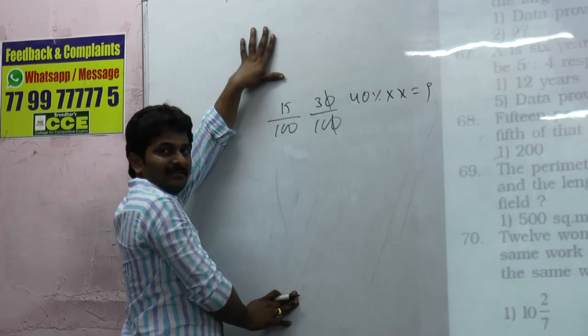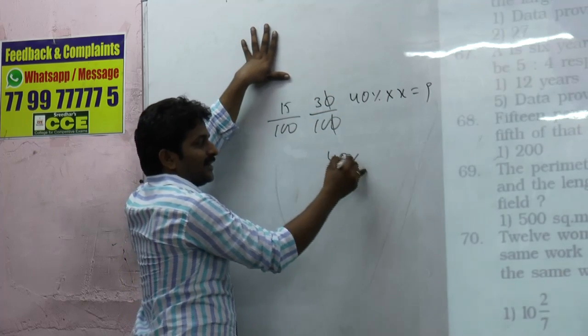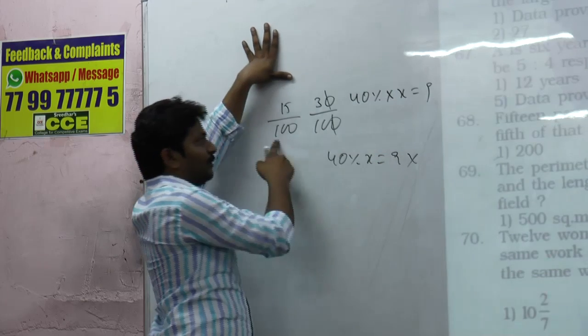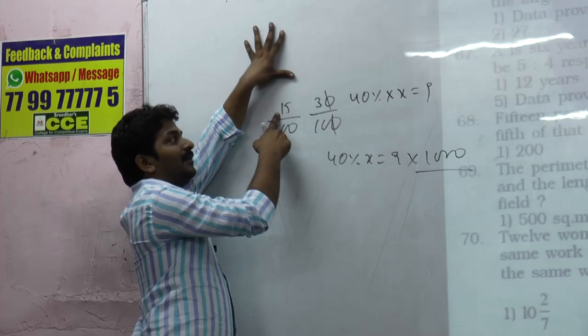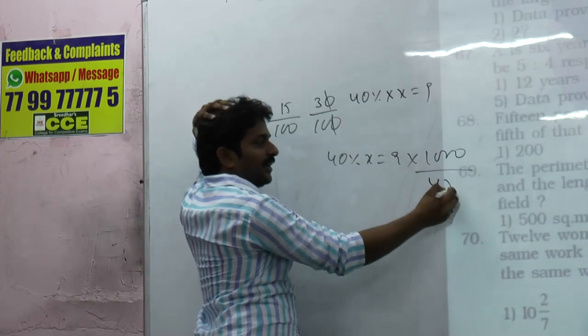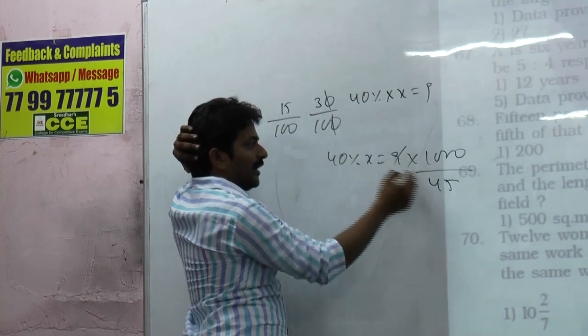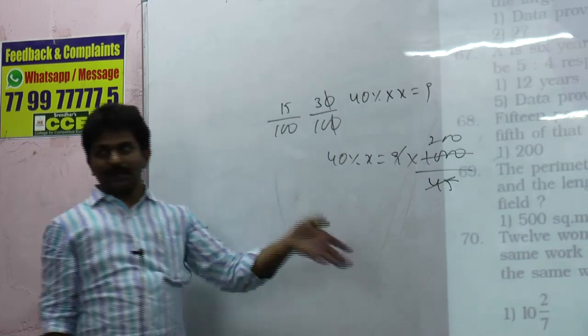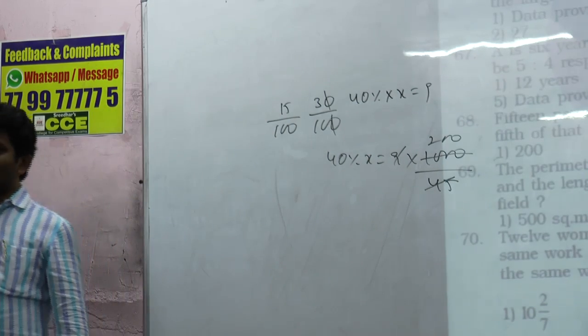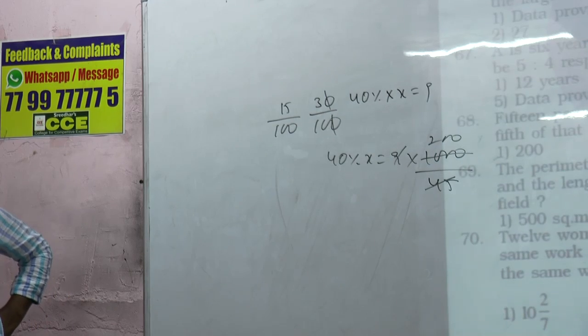The 0s cancel. 40% of x becomes 9 into 100 into 10, 1000 by 15 into 3, 45. 9 times 5 is 45, so 5 into 200. 40% of the number is 200. It asks about 2/5 of the number. 2/5 of the number is 40%.